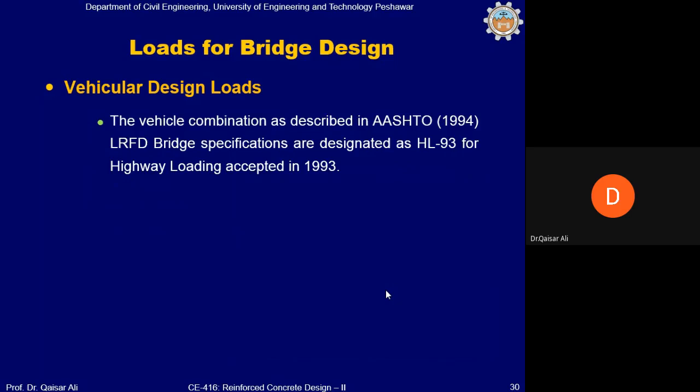So the strength design method is called the LRFD method in bridges. Otherwise, the two approaches are exactly the same. Though the names are different, the approach is the same. The LRFD bridge specifications are designated HL93 for highway loading, accepted in 1993.